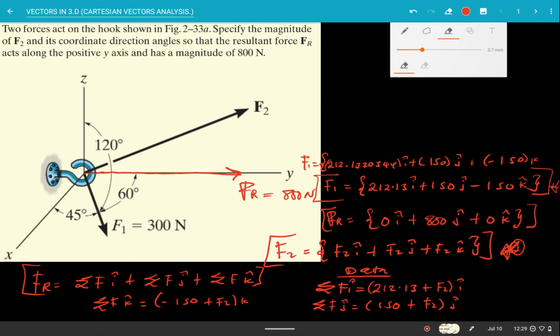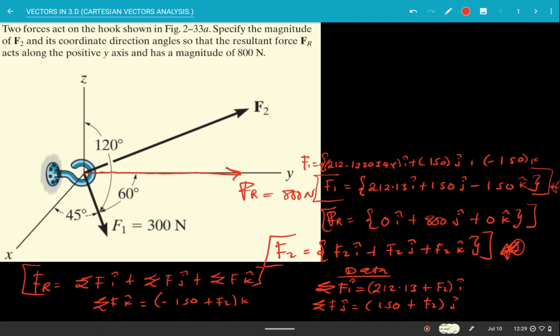All right, going back to our magic pen, we need to understand that force resultant, like I mentioned, is the sum of the forces in the I plus the sum of the forces in the J plus the sum of the forces in the K. The resultant already has its components in Cartesian form that we gave as data.